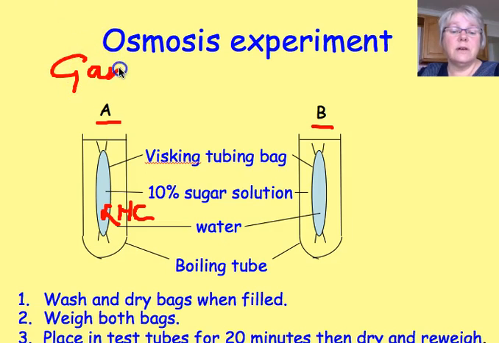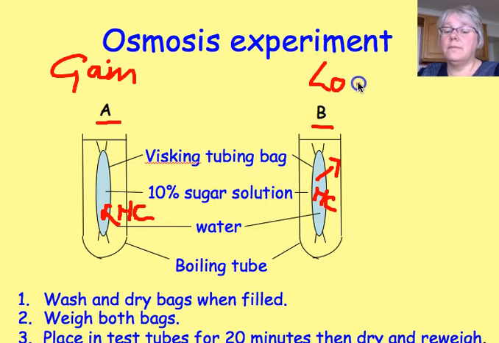Oh, sorry, in this one the 10% sugar solution is outside here. The water solution is inside here, so this is the high water concentration inside the cell. So therefore, water will move from inside the cell to outside, where there's the higher sugar solution. So therefore, this cell will lose weight.